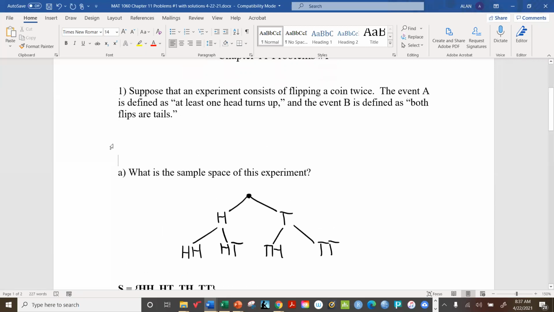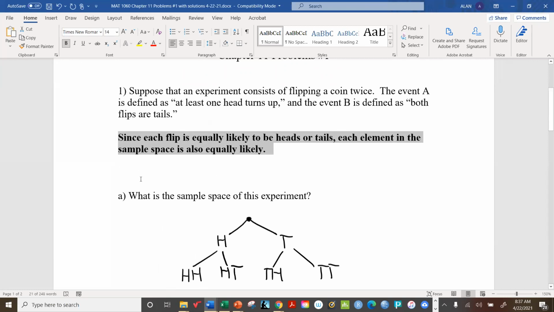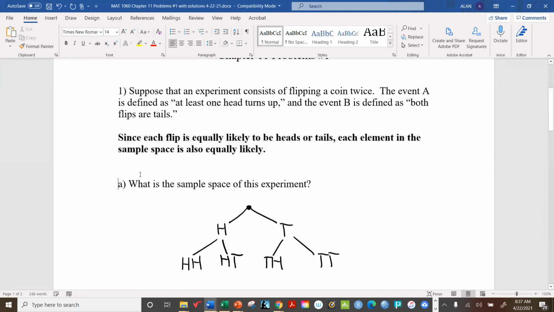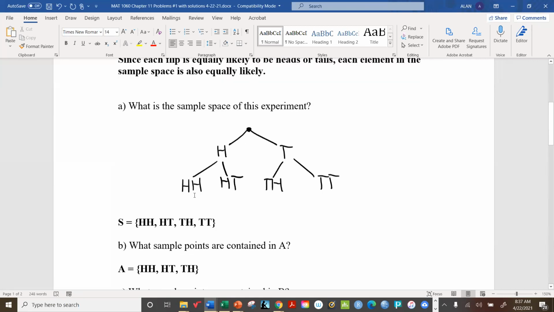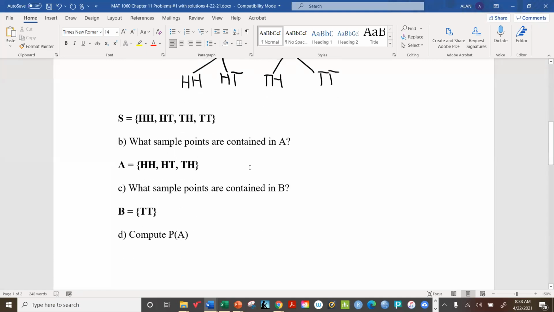I think that would be a better position for this. Since each flip is equally likely to be heads or tails, each element in the sample space is also equally likely. Okay, so that's an important detail. All 4 of these outcomes are just as likely to occur. In other words, you're just as likely to get 2 heads as heads followed by tails, tails followed by heads, and 2 tails. So that means that each one of these has a probability of 1/4 or 0.25.